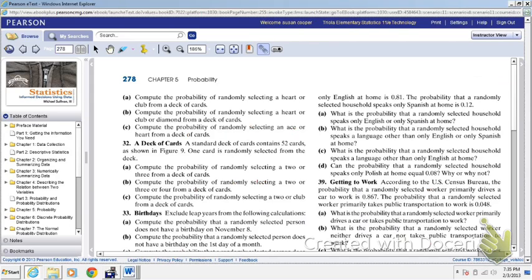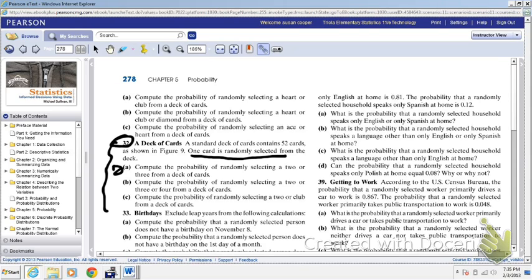Okay, so the first problem, like I said, statistics books all over the globe love to pick these card problems because they figure people can understand it. I'm going to go with number 32 here. It says a standard deck of cards contains 52 cards, as shown, and it talks about an earlier figure in the book where they dissect the deck of cards for you. It says one card is selected from the deck.